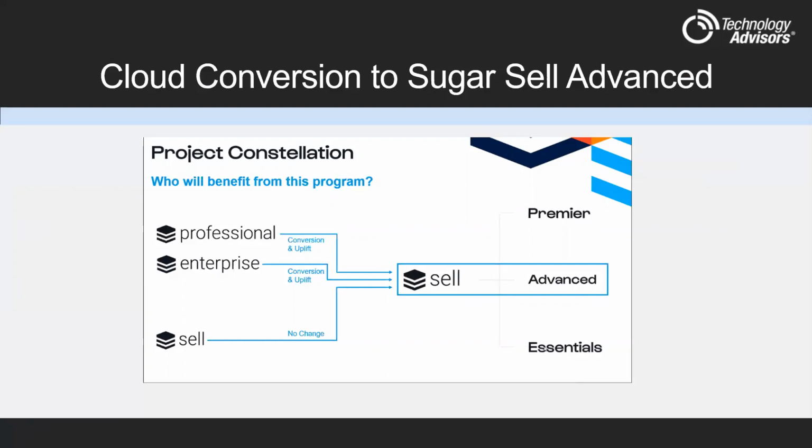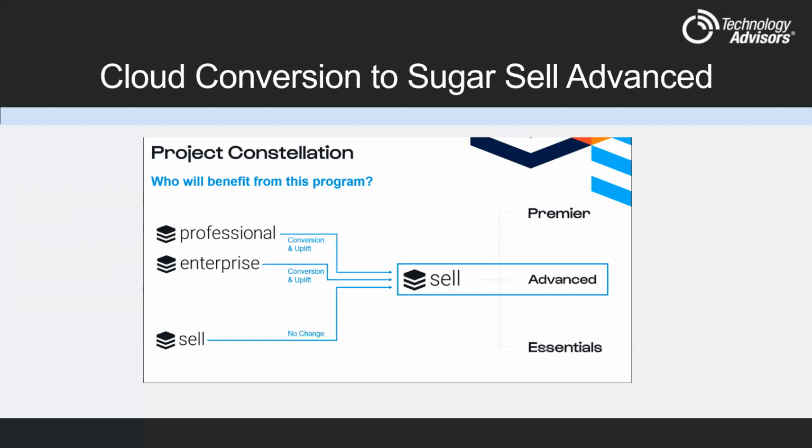Sugar has basically just rebranded Sell as Sell Advanced. As part of this whole process, there are also going to be two additional tiers of Sell: Sell Essentials, a more basic version, and Sell Premier, the most robust version. We will cover some of the differences between those on a later slide.